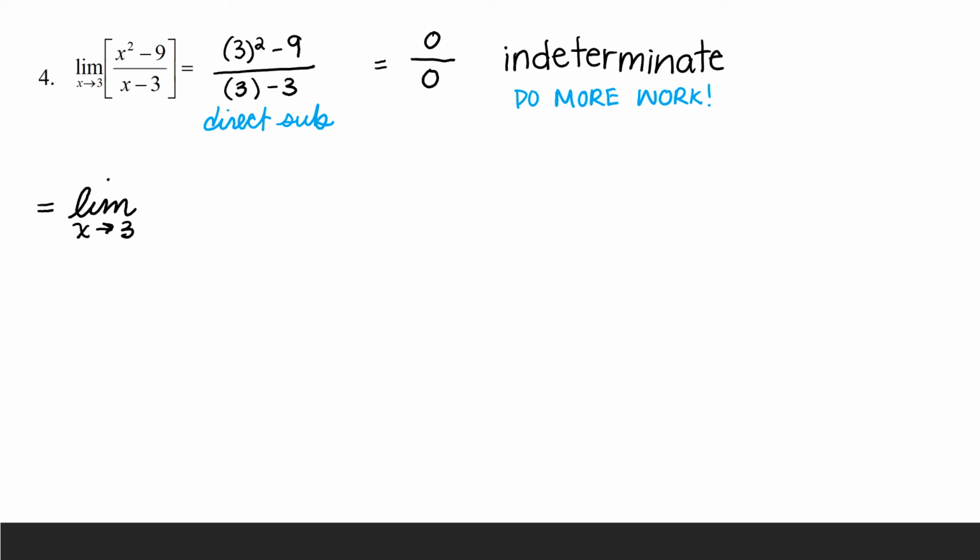So we have the limit as x approaches 3 of, I'm going to factor my numerator, so x squared minus 9 factors to the quantity x plus 3 times the quantity of x minus 3. And then my denominator stays that x minus 3. So that was factoring.